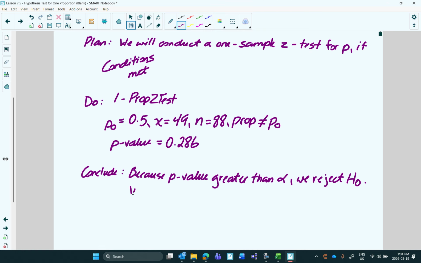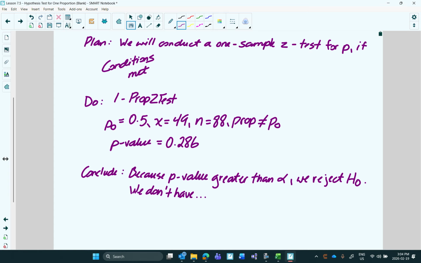And then we would say we don't have, and then we would rewrite the same sentence that we did before. We don't have convincing evidence.